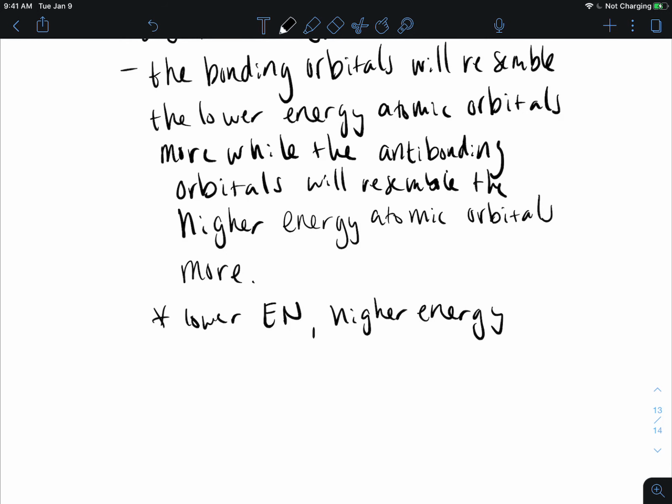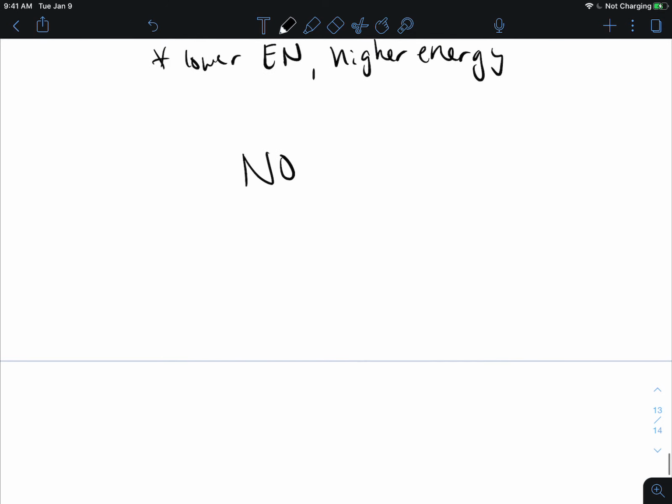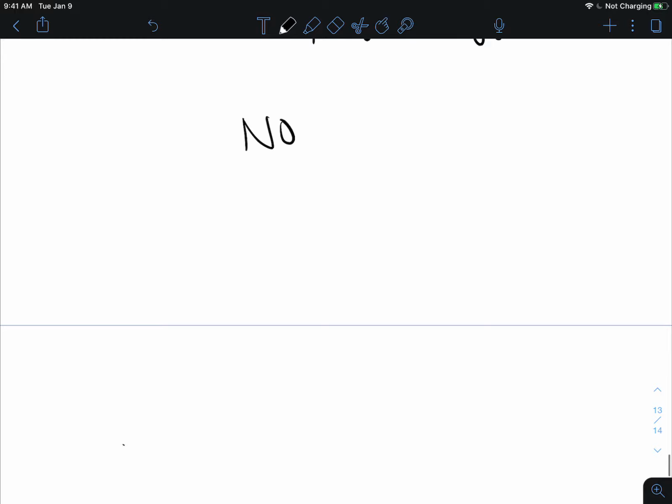So let's look at NO. So we have nitrogen and oxygen combining. And we're, again, just going to look at our valence here. So our 2s is going to be higher in energy for nitrogen versus oxygen, because oxygen is more electronegative. So when we combine these, the lower energy orbital will be closer in energy to the lower energy atomic orbital.